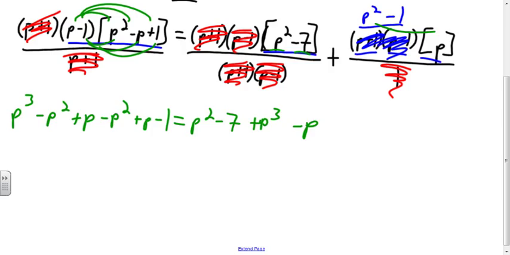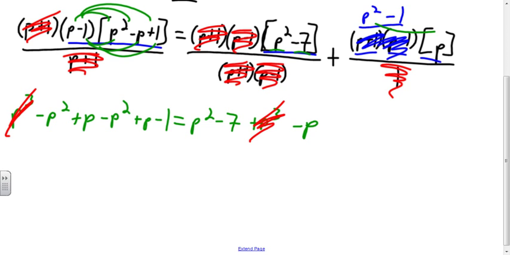So actually, let's subtract some things out. We'll take out p cubed and p cubed. We have a plus p over here and a minus p over here. Actually, we can't. What am I thinking? Those are the only ones that can actually really cancel out.